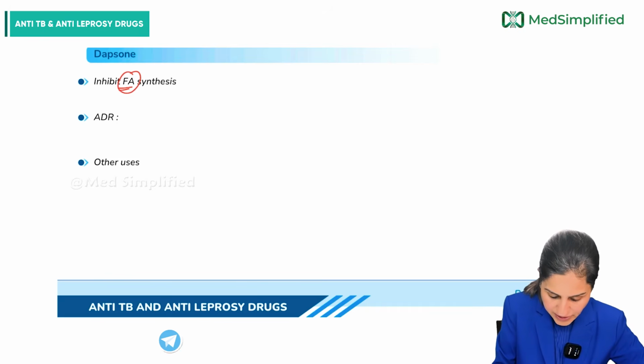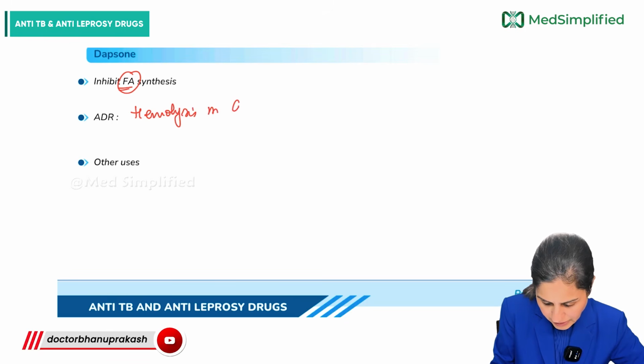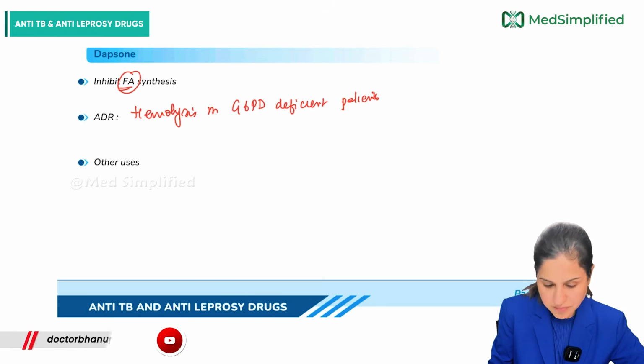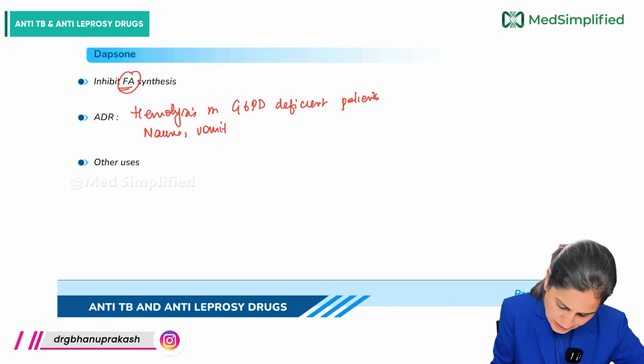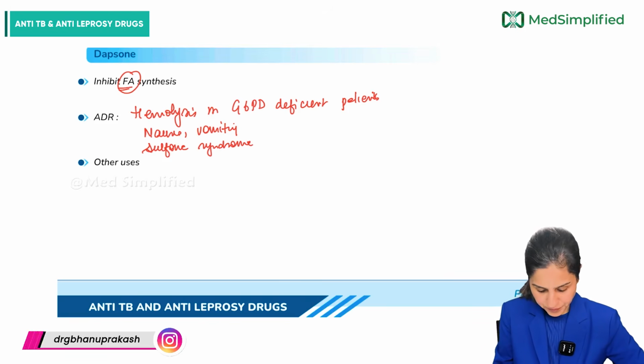And the important adverse effect is that it causes hemolysis in G6PD deficient patients. It can cause nausea, vomiting, and sulfone syndrome.